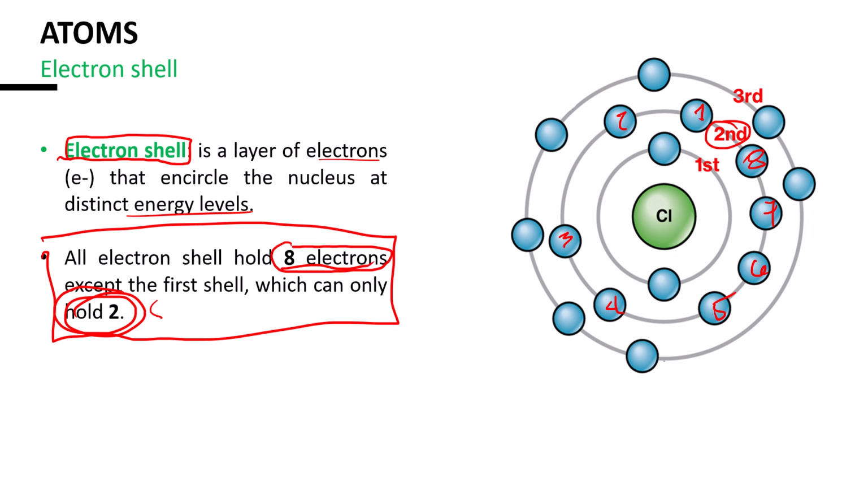So let's count how many. 1, 2, 3, 4, 5, 6, 7. So notice that we have 7. That means that in theory, we could add an electron here to complete, to make 8, which is the full of an electron shell.